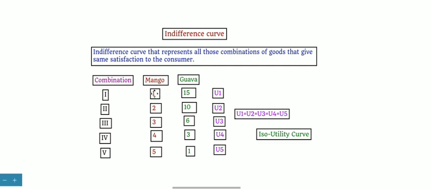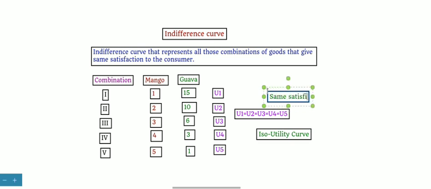He either chooses 1 mango and 15 guava, and gets the same satisfaction, or 2 mango and 10 guava with the same satisfaction, or else 3 mango and 6 guava, where he gets the same satisfaction.